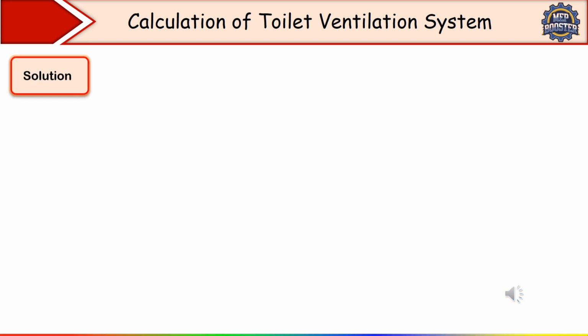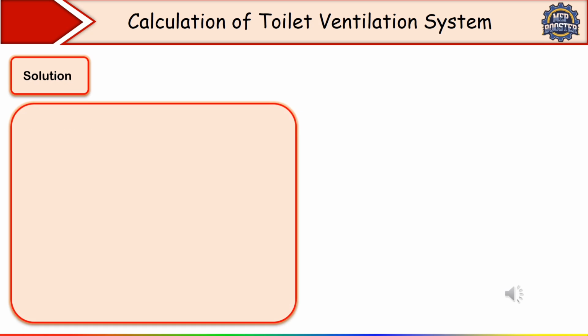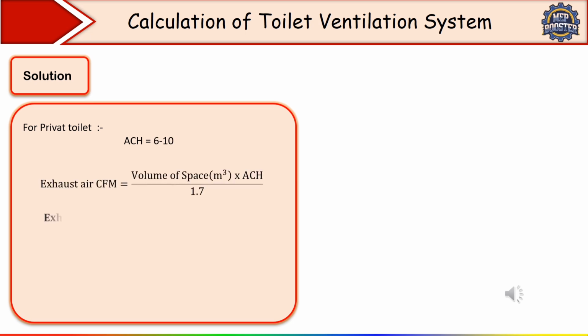Now you can see here, we are designing for a private toilet, and for a private toilet, as I have already shown you, we have to maintain ACH of 6 to 10, meaning in 1 hour we have to change the air 6 to 10 times. Suppose I am assuming 8.